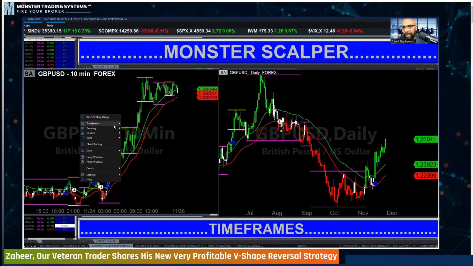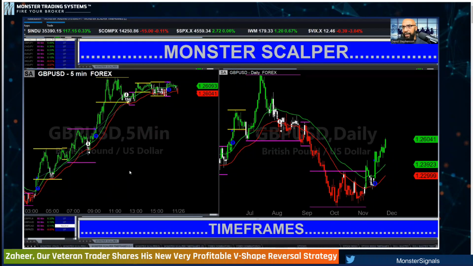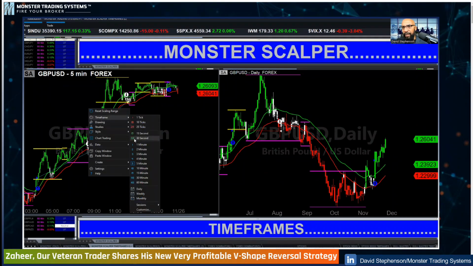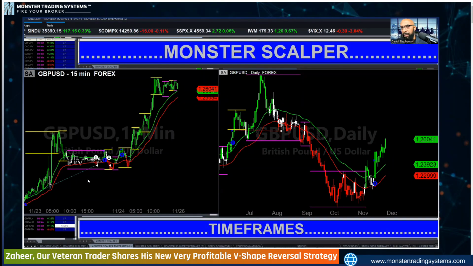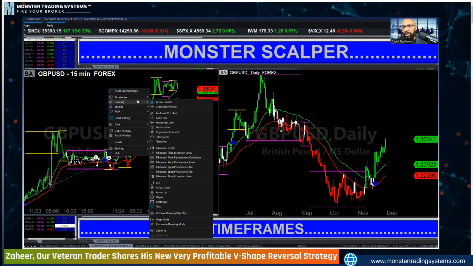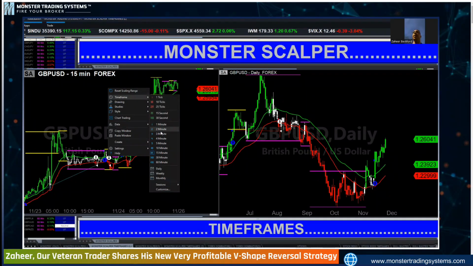And that's the 10-minute. Let's see how the 5-minute is trading it. Not bad. Let's take a look at the 15-minute. Decent trades on the 15-minute. Nice trade here. This one was a small loss here, but holding it nicely. Let's see a 30-minute time frame.